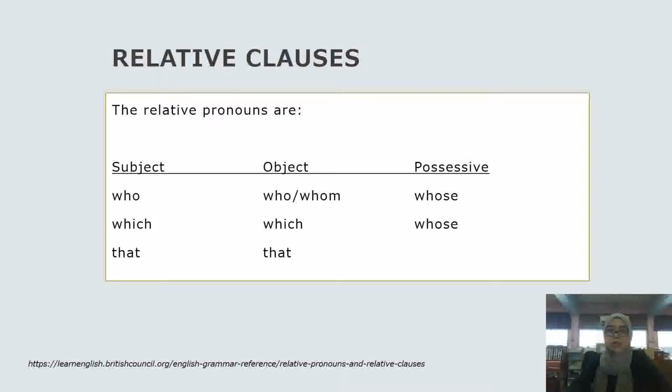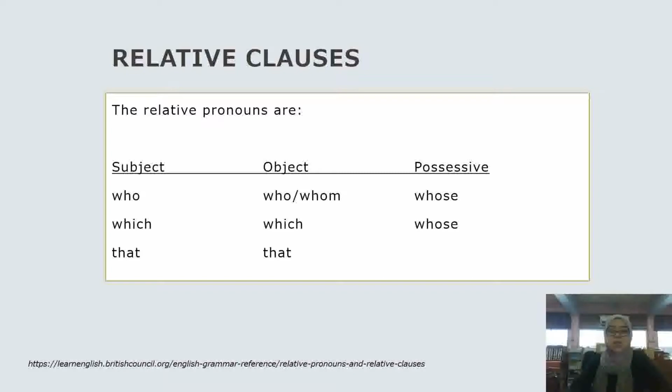For example, Amin we replace with he, and Amina we replace with she. But when we talk about relative pronouns, we talk about words like who, which, that, whom, or whose.